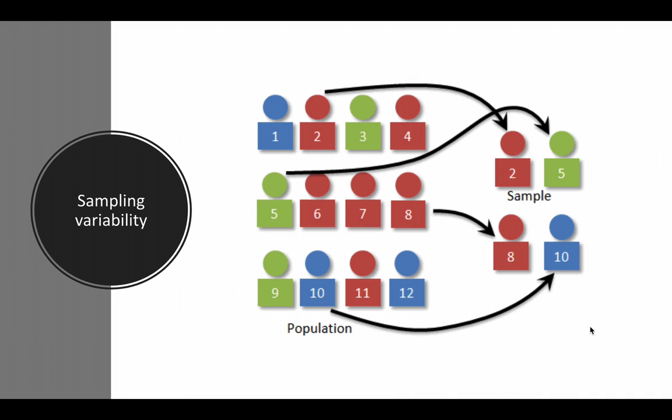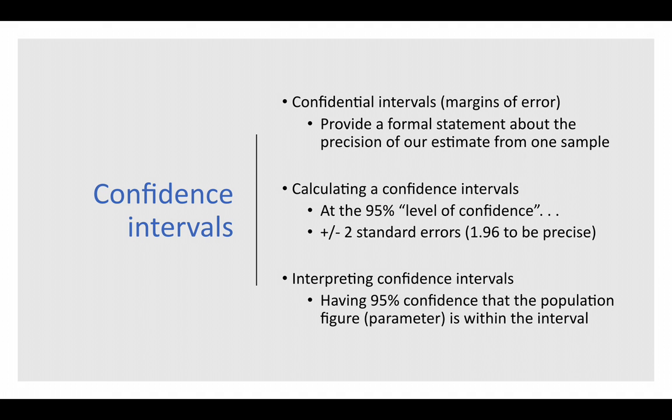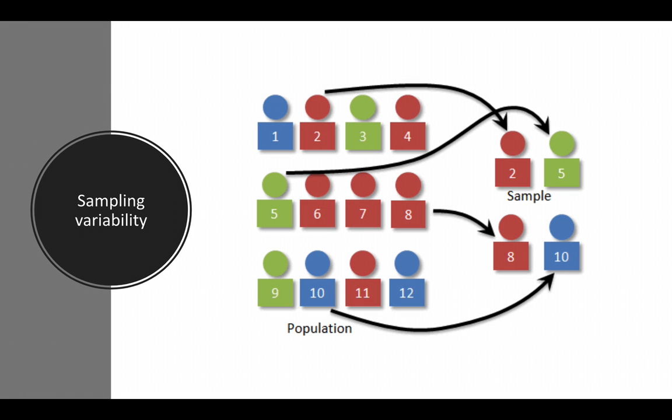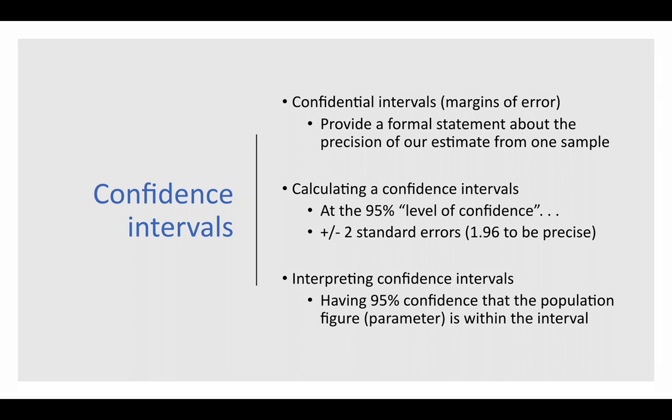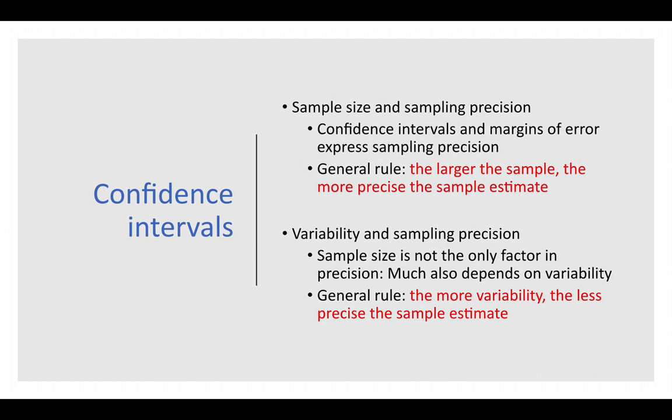Now, obviously, you didn't catch the green ones, so your finding from your sample cannot be applied to the whole population because you lost someone. You haven't included them in your sample. Each time you sample, the variability is huge because you lost something. So the findings from your sample are less precise.